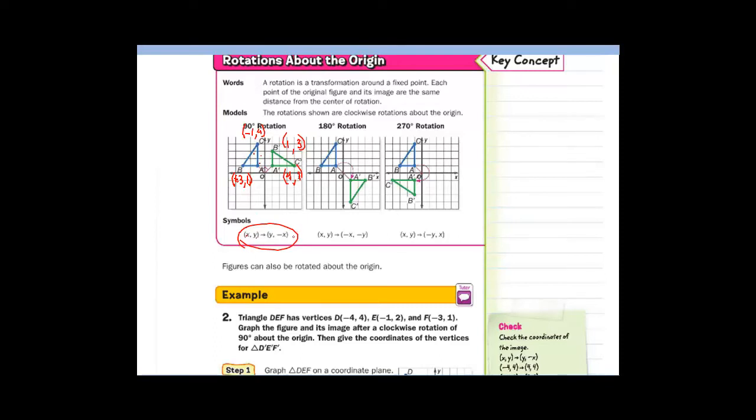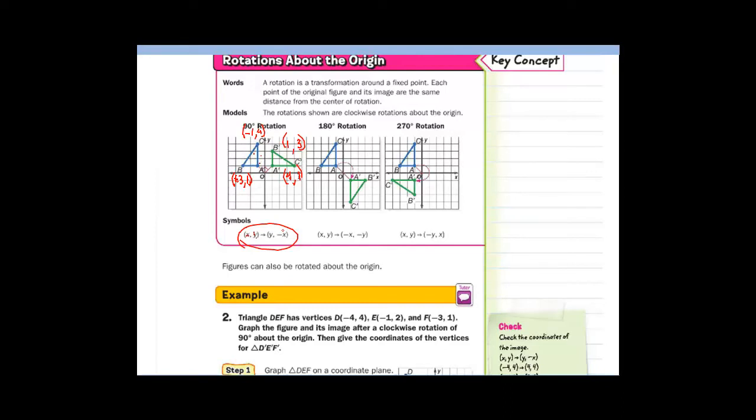So whenever you rotate around the origin, 1 turn, x and y do a little flip-flop. But the x coordinate actually changes signs whenever it moves into the y position. Okay.